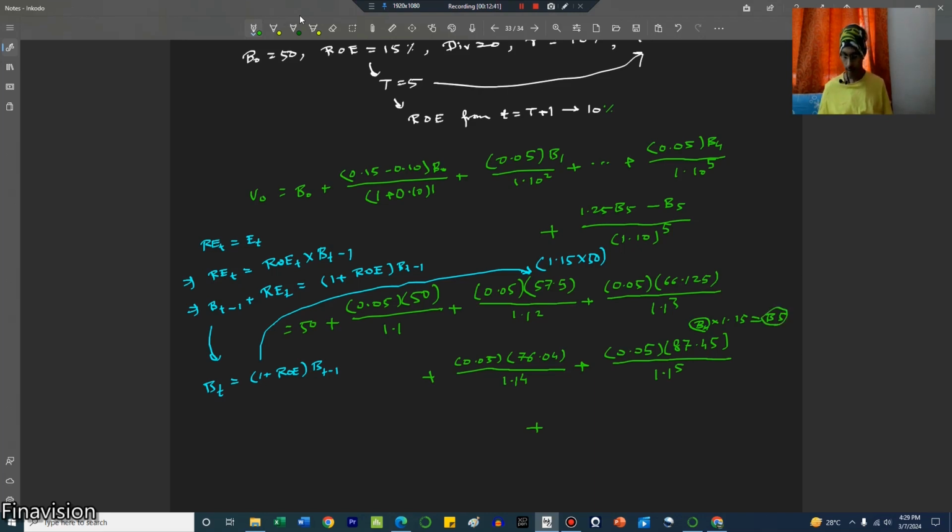So we calculate B5 here: 100.567, we can write it as 100.57, or 100.568, let us take the approximate value. This into 1.25 is the premium price, minus 100.568, this entire thing divided by 1.1 to the power 5.